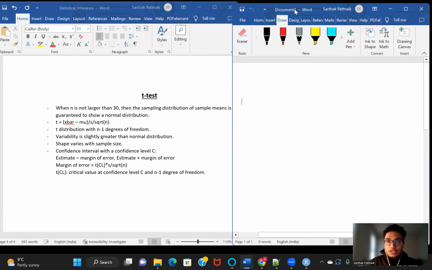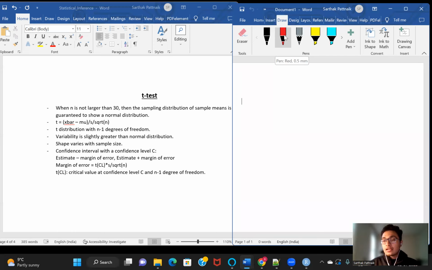So what did we study in z-test? What were the two fundamental conditions when we can actually apply z-test to a problem? The two fundamental conditions were, number one, your population parameter, the unknown population parameter mu, if that has to be predicted and we have to use z-test, then the population standard deviation is unknown.